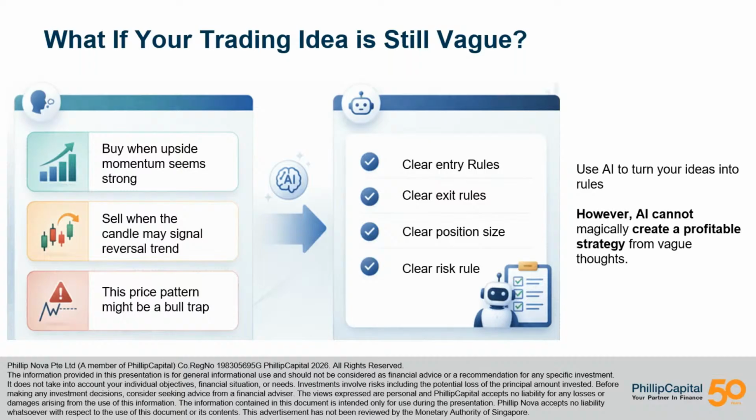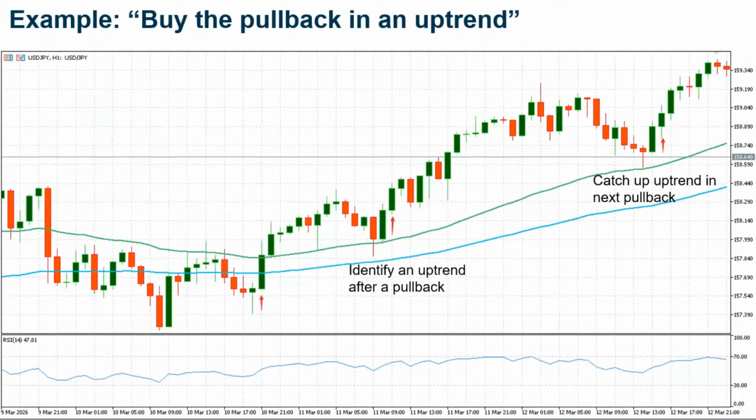Okay. So here is an example of a vague idea about trading. The example is: buy the pullback in an uptrend. I believe some of you already know what that means. Firstly, I need to see whether the price is in an uptrend. As this chart shows, the price is going up.